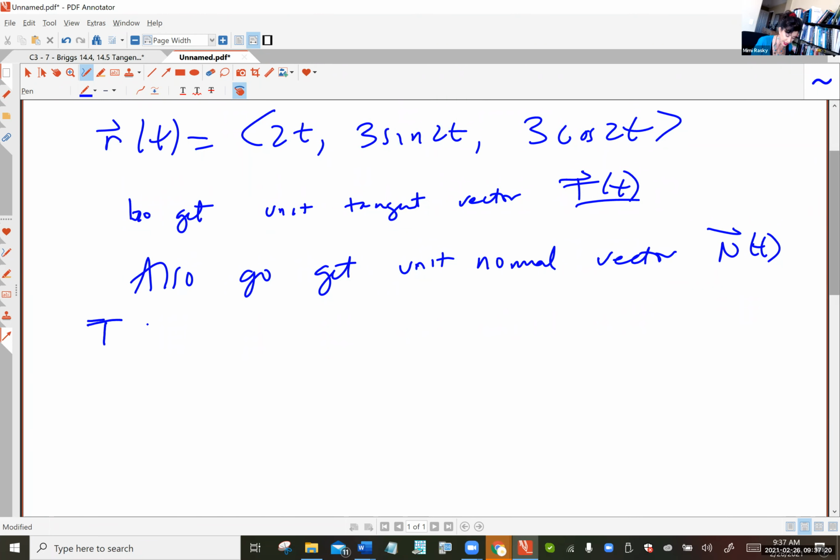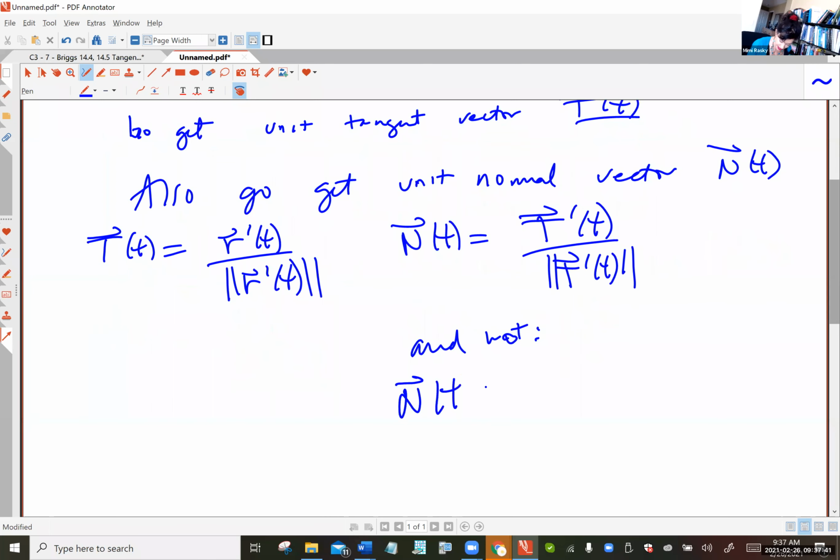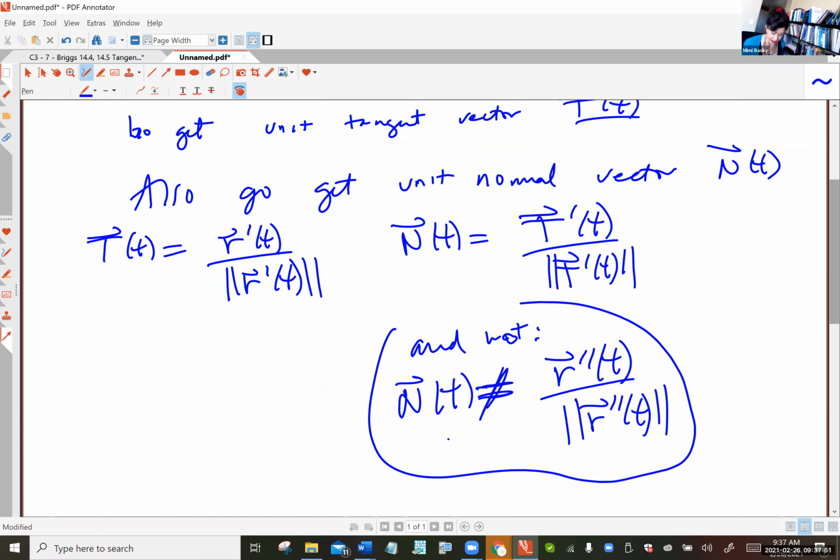Even though it is true that big T is equal to the unitized derivative, big N is defined as big T prime getting unitized, and it is not equal to the second derivative of R of t getting unitized. This is no bueno.